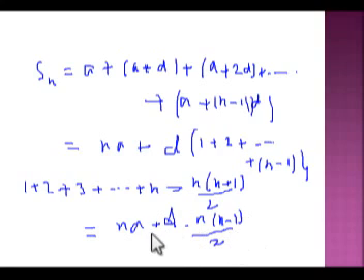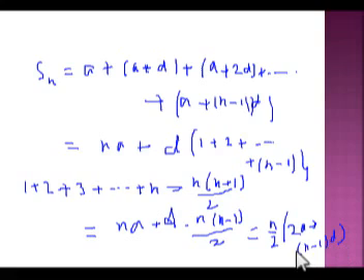You can write it in another good way: take n by 2 common, then it will be n by 2 times 2A plus n minus 1 times D. And you can also write it using the first term and last term, because here A and A plus n minus 1 D are the first term and the last term.